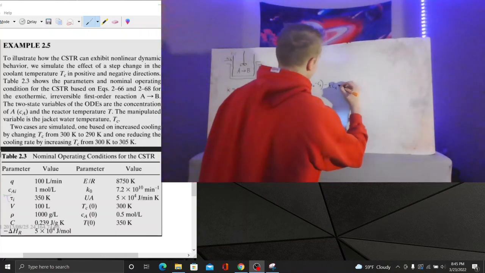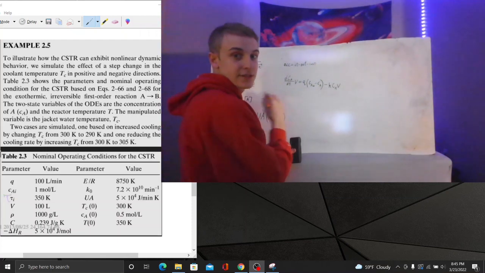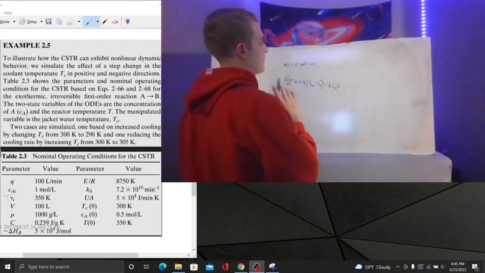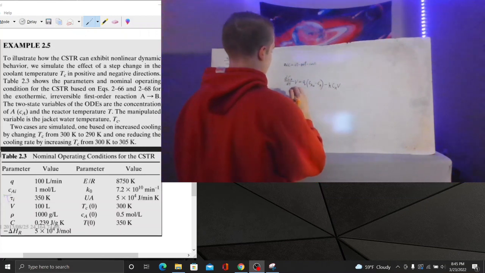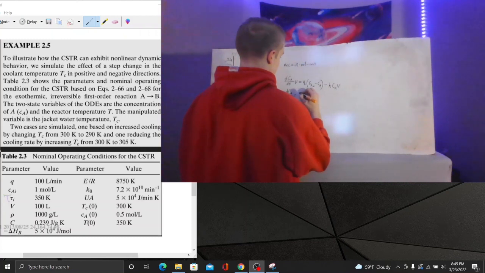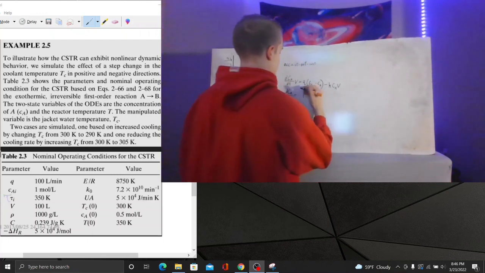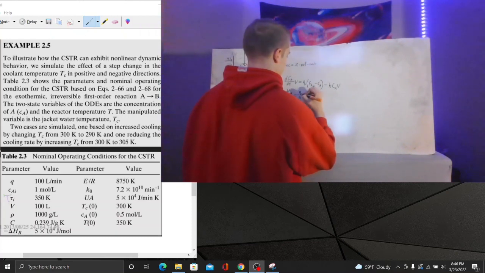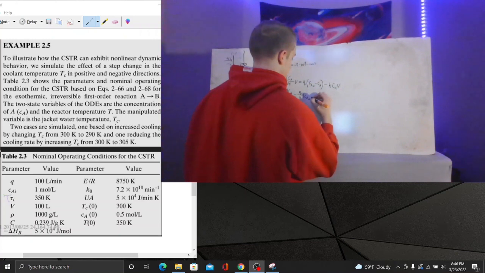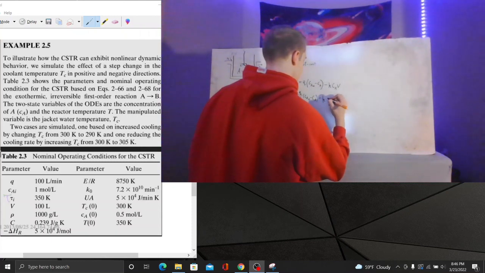And now, just to simplify this a bit, we can divide everything by the volume, and we will get our differential equation of dCA over dt equals Q over V times (CA in minus CA) minus k CA.